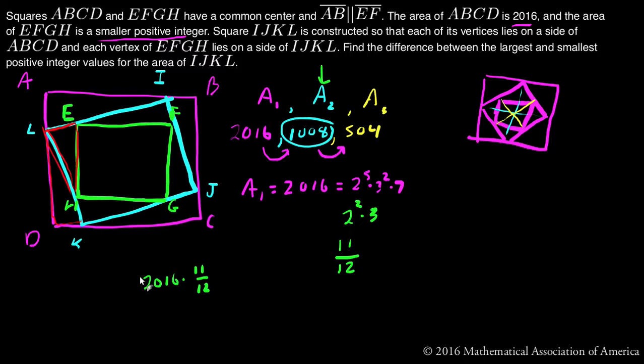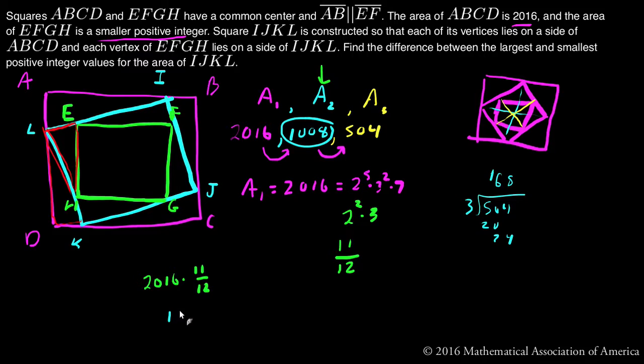So let's see, 2016 divided by 12, well, 2016 divided by 4 gives me 504. 504 divided by 3, let me make sure I just do it correctly. So I get 168.